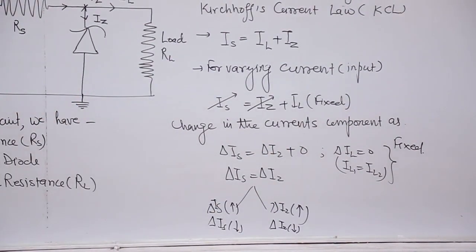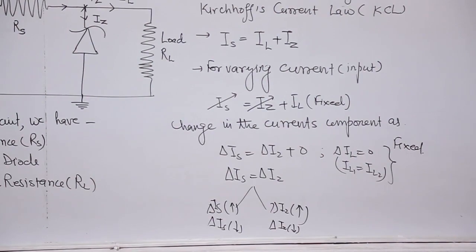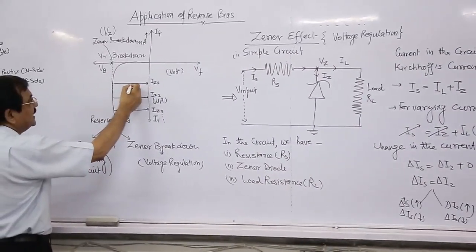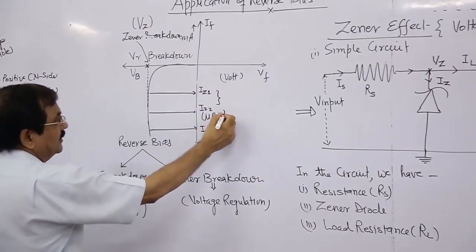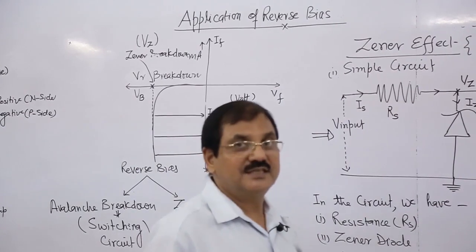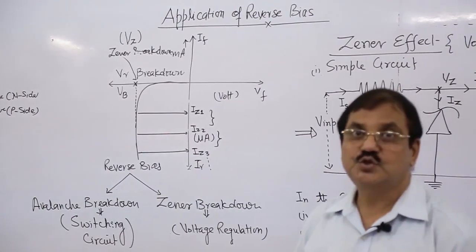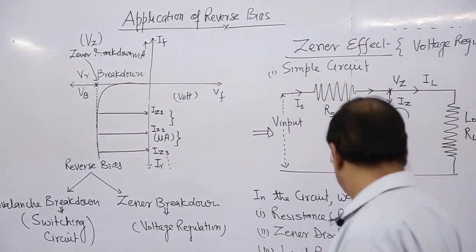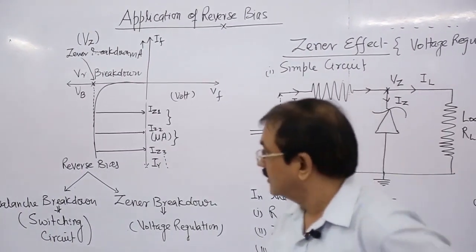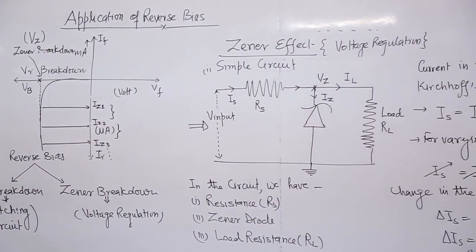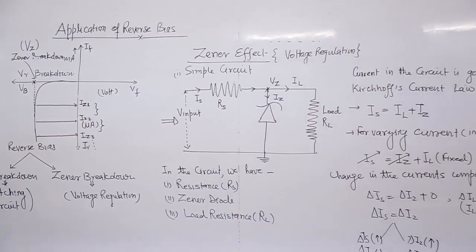So, what we find is that at a constant voltage Vz, if there is a change in the current, that corresponding change just compensates the source. This can be clarified with a suitable example.